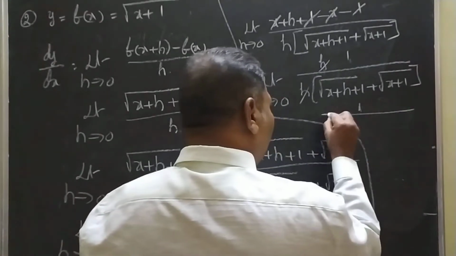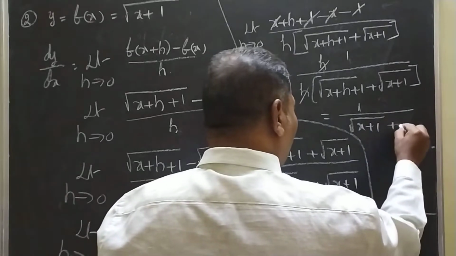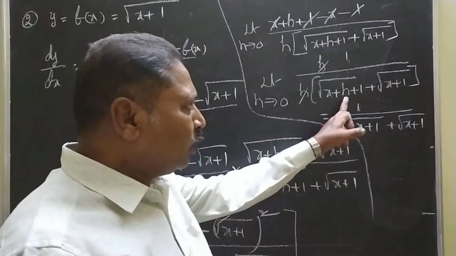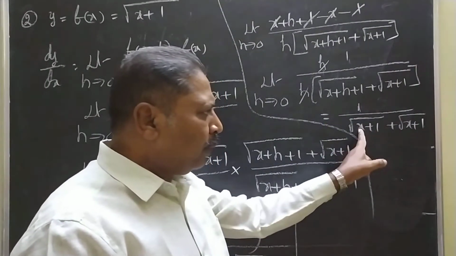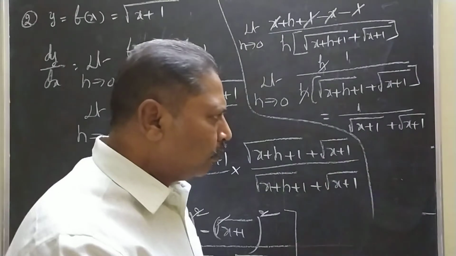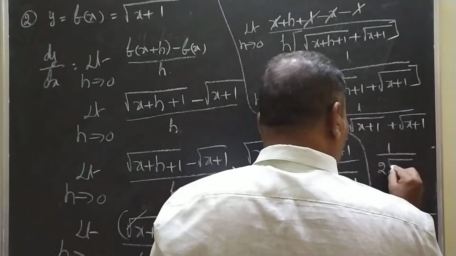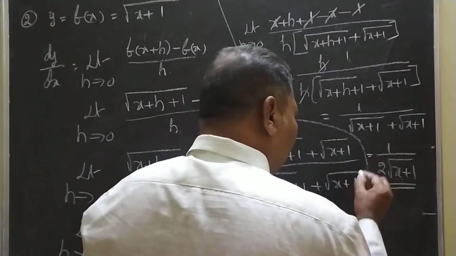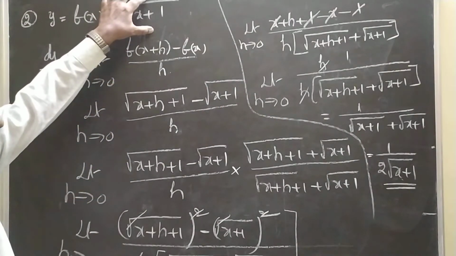We get 1 by under root x plus 1 plus under root x plus 1. The same term is repeated 2 times, so 1 by 2 root x plus 1. This is the derivative of this one from the first principle.